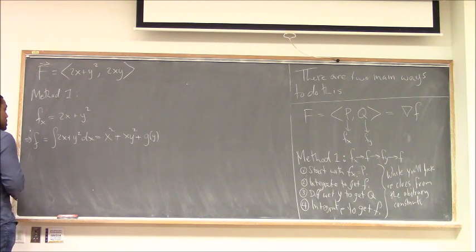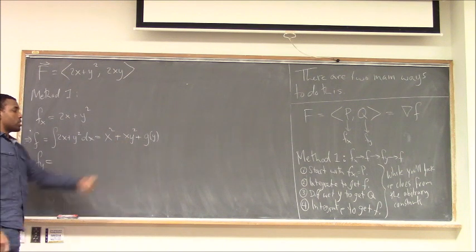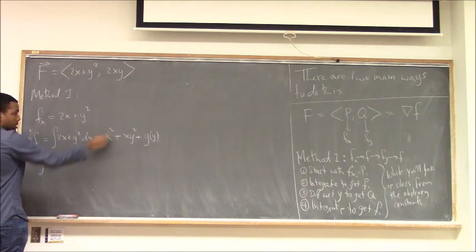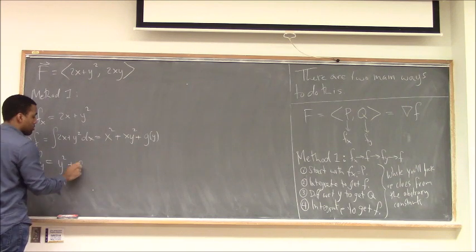And so now I start with f, then move to partial fx, then move to x, then now I want to take the derivative with respect to y of this function. The derivative of the x squared term with respect to y is 0. This will give me 2xy, and then this guy will give me a g prime of y.